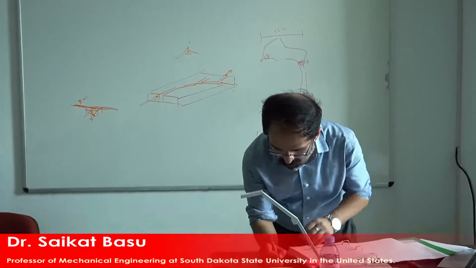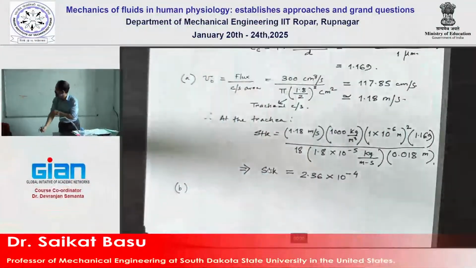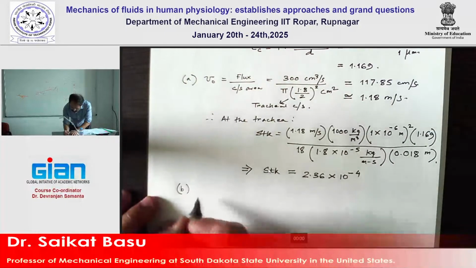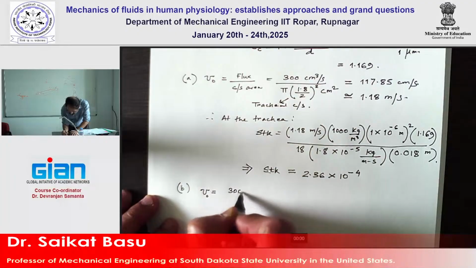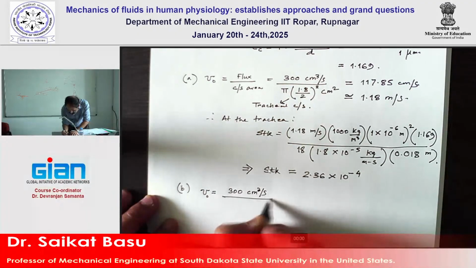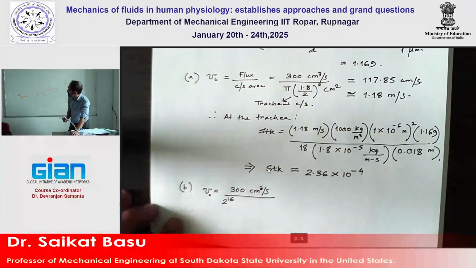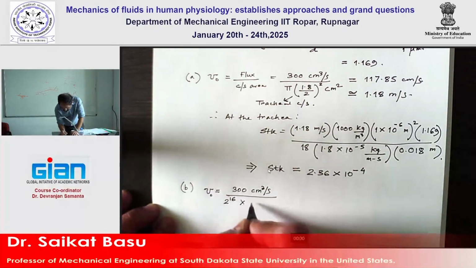I have this sketch in my lecture notes, but since I already drew it on the board, I'm not going to repeat it on this whiteboard. So the flux over here, U, is 300 centimeter cube divided by 2 to the power of 16 in this case, because that many channels are there to take in the airflow, times the cross section for each.